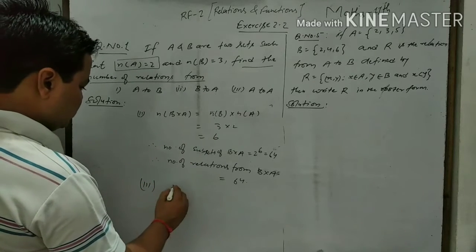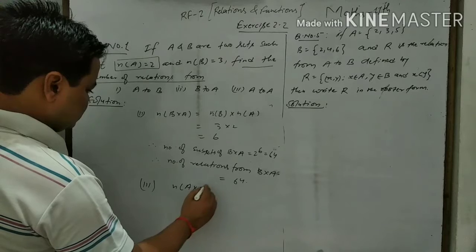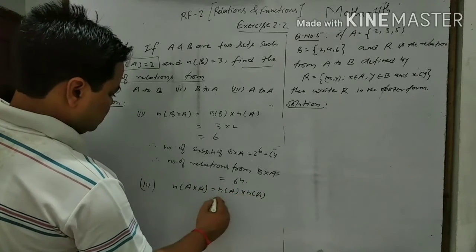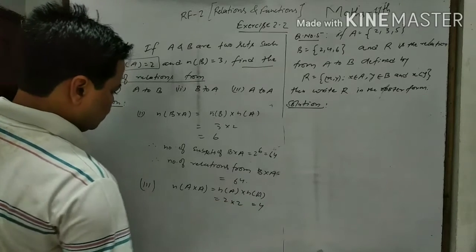Simply the third one also. A to A means we have to find the Cartesian product A cross A, which is equal to the cardinal number of A into the cardinal number of A, that is 2 into 2, which is equal to 4.